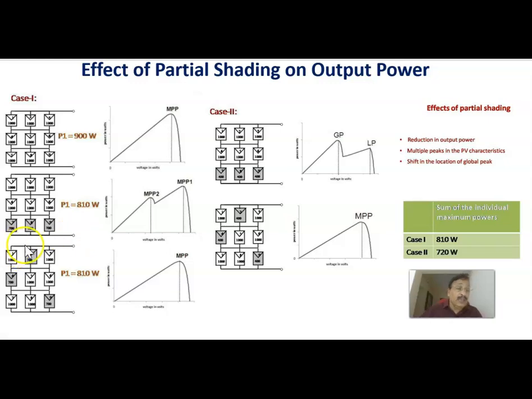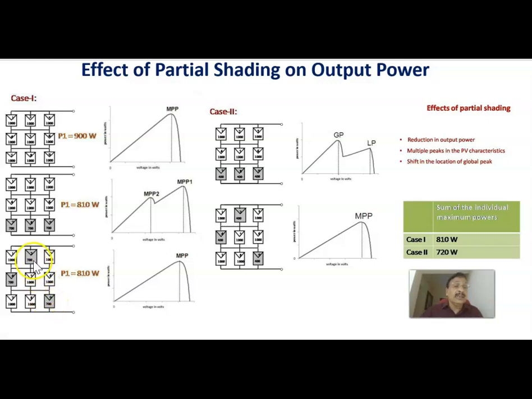Now, if you can distribute this shading such that you can reduce QM, instead of this one, this is shaded, this is brought to here, and this is shaded in this one, so that in each row only one panel is shaded. Therefore, QM is now reduced to 1.